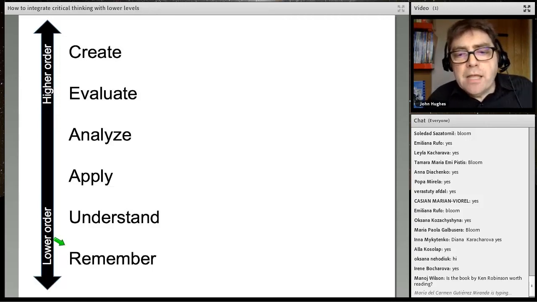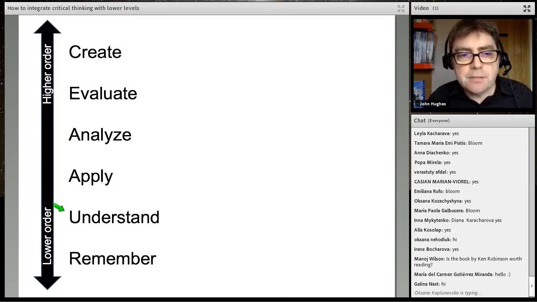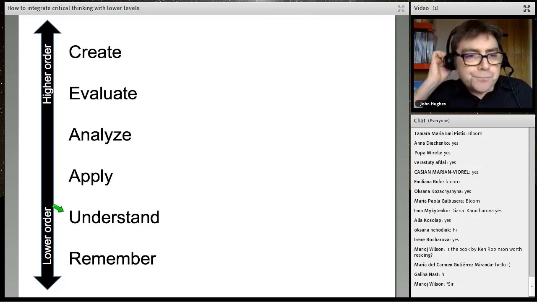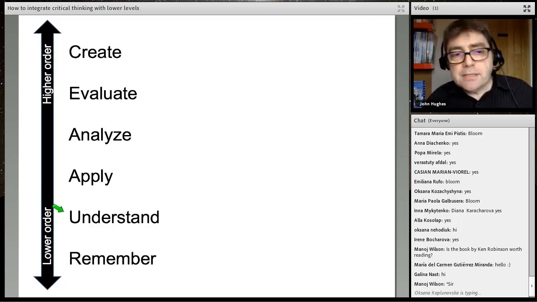Then the next level is that they would have to show that they'd understood that information. So imagine you teach students a new word, they have to remember it, then they have to show that they've understood it. The next step in thinking would be to apply that word.